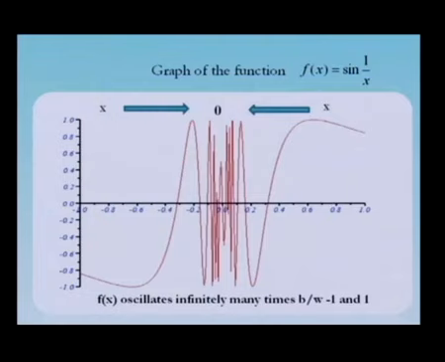Here we see that when x is reaching 0 from left as well as from right, when x is very close to 0, the function oscillates infinitely many times between -1 and 1. So we cannot say that function is reaching towards some unique number. That's why the function does not have a limit as x tends to 0.